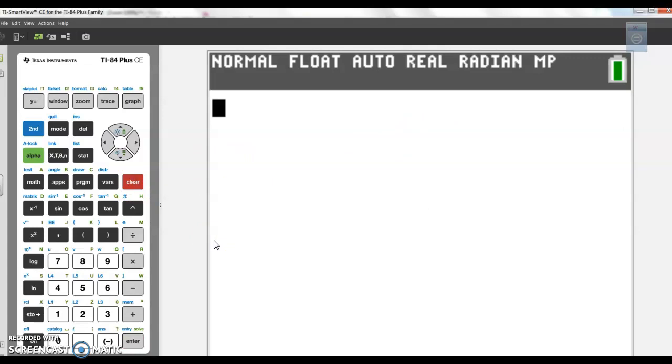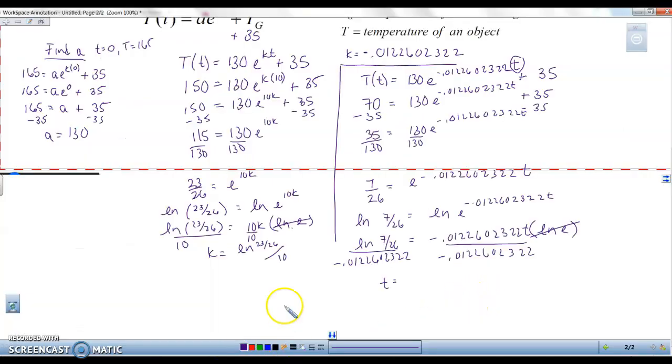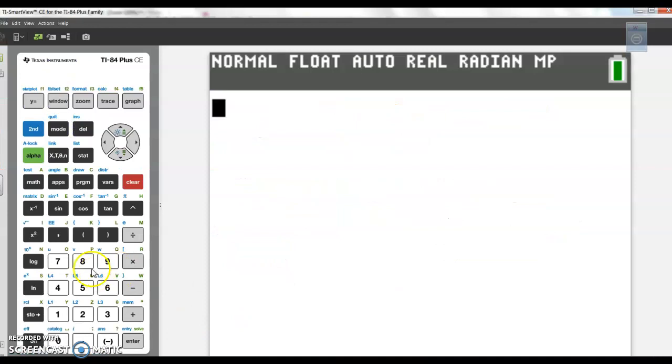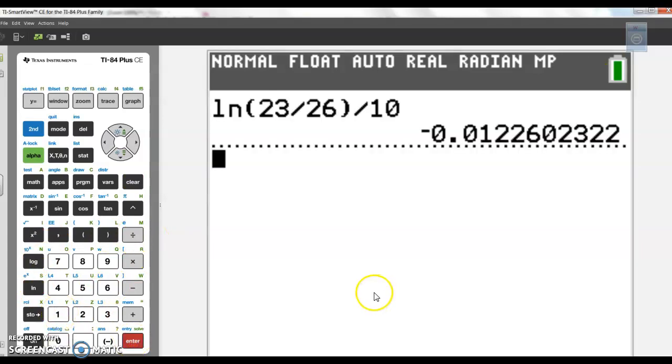So from our original, to get that k value, it was ln of 23 over 26 divided by 10. So let me put that in. ln of 23 divided by 26, close your parentheses, divided by 10. And I can get that number up there without having to retype the whole thing.